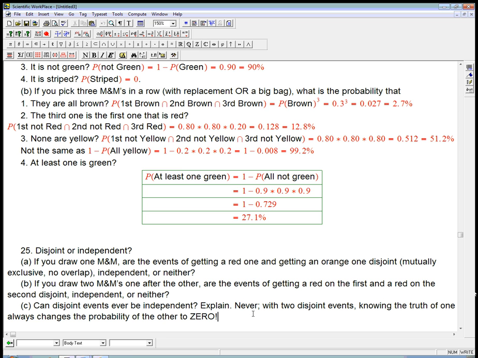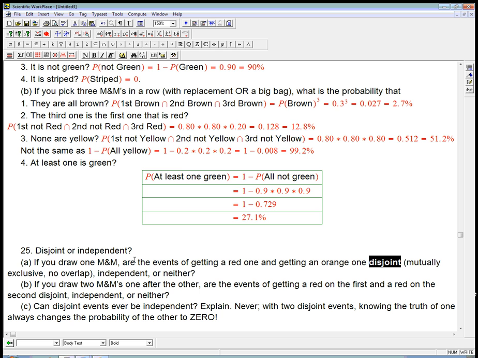That's the most drastic effect you can have on a probability, is setting it to 0. So this is never, ever, ever. These things are often confused. They seem sort of similar. They're not. They really, really are different. Okay. So here disjoint was the answer, and definitely not independent.